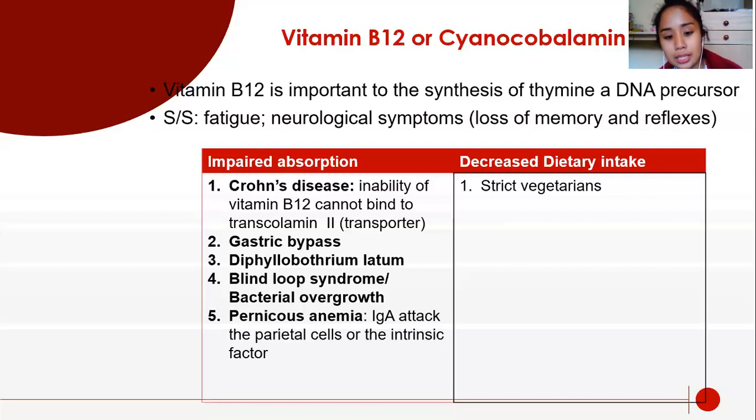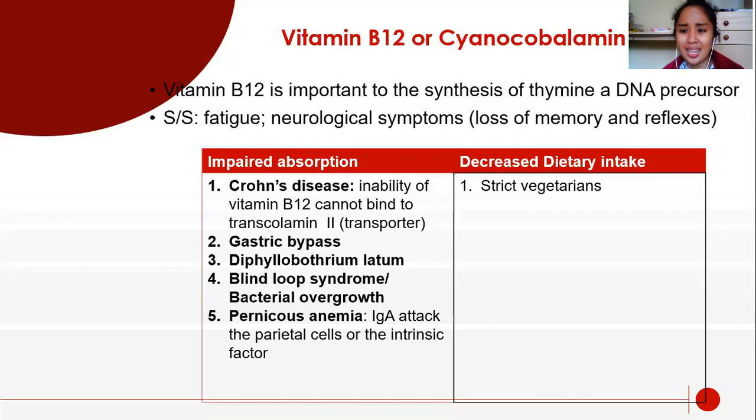Next, pernicious anemia. Class, in pernicious anemia, apparently, matindi to. This is an autoimmune disease because the antibodies will attack either your parietal cells or intrinsic factor. Parietal cells are the ones that produce intrinsic factor.